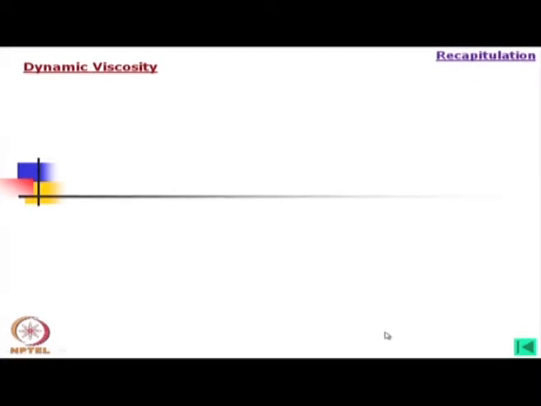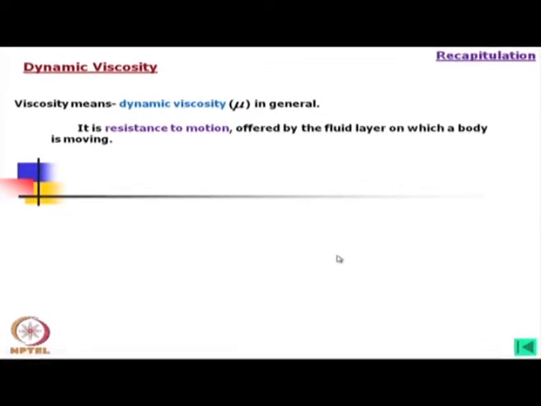Now, some properties of the fluid we have already discussed in earlier lectures, but here I will just repeat. Viscosity means dynamic viscosity, mu in general. We call it dynamic viscosity. What is it? It is the resistance to motion offered by the fluid layer on which a body is moving. Now, why am I talking about viscosity?